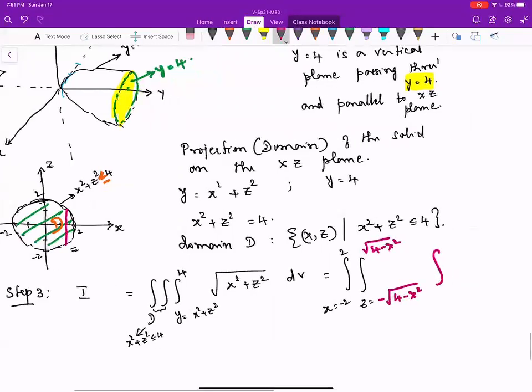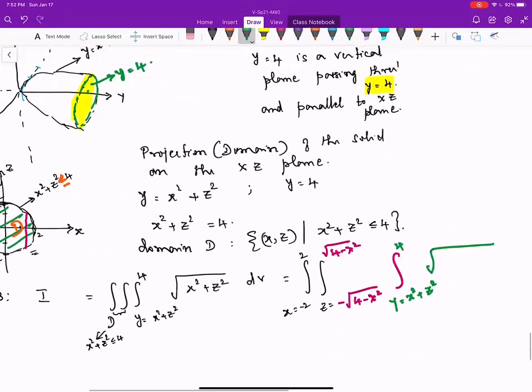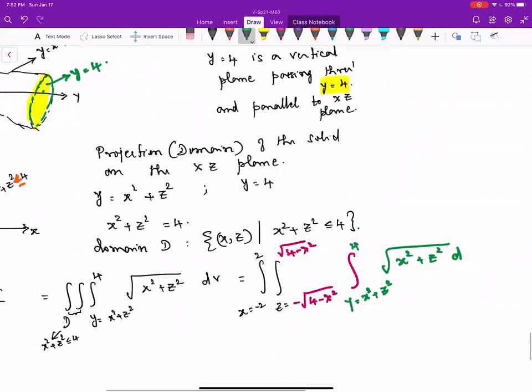Then you would do integration with respect to y, from x square plus z square, which is the paraboloid, to the plane y equal to 4. You have to do all of this, which is kind of tedious if you keep the variables this way, dy, dz, dx in Cartesian form.